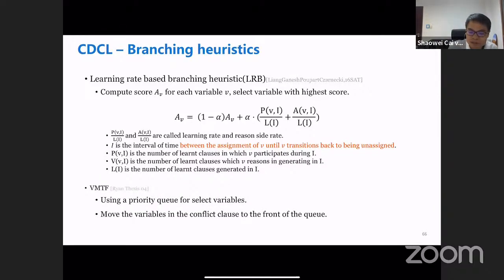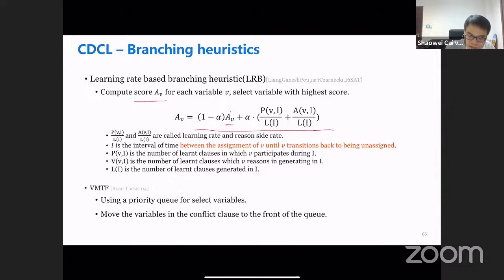Okay, now let's look at the learning rate-based branching heuristic, which is used in the Maple solver in 2016. In this heuristic, the score is computed by a formula like this. There are 2 parts. The first part is the current score, and the second is the update formula, right?